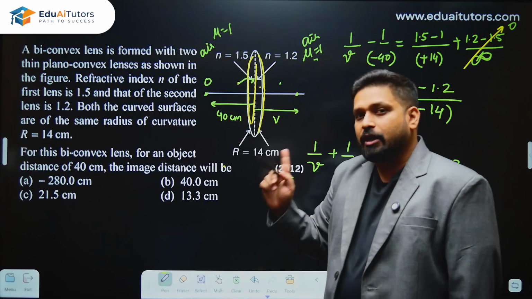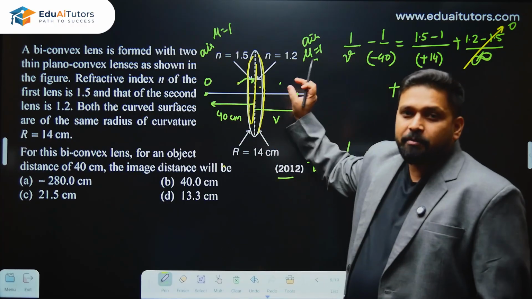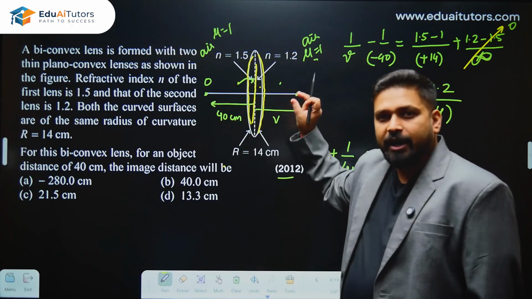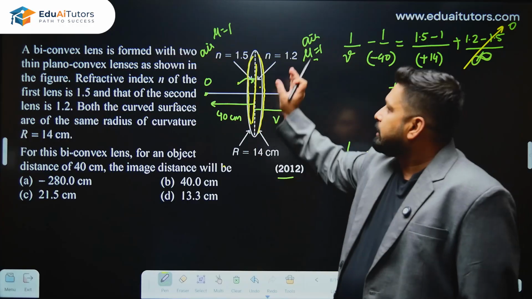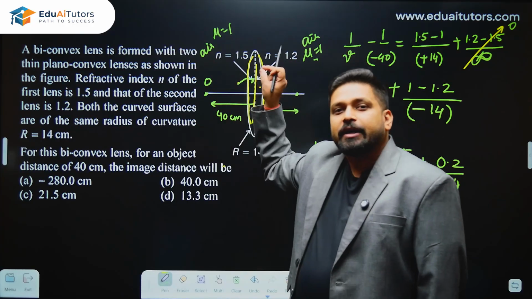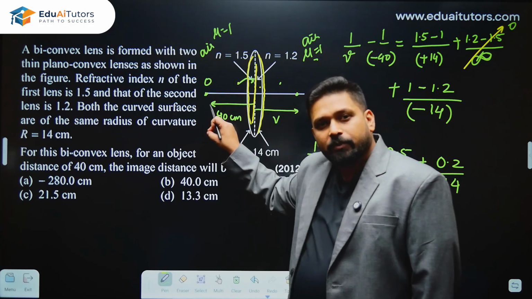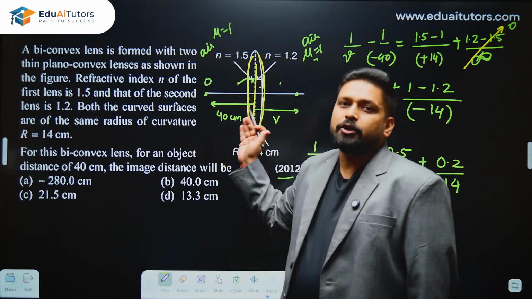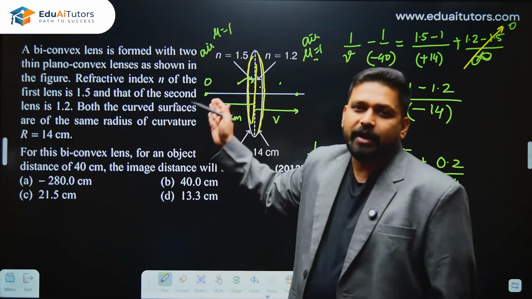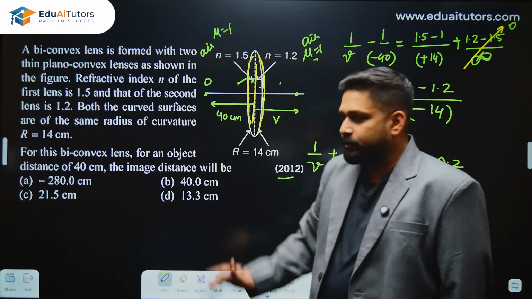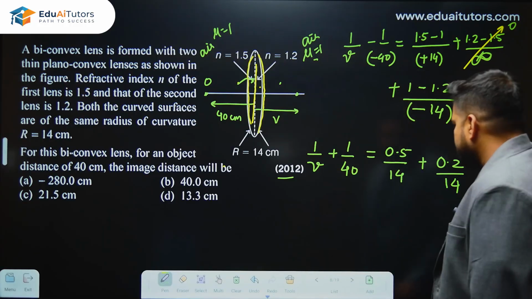First of all, start with the image. The refractive index of the medium in which the image is located divided by the image distance, minus the refractive index of the medium where the object is located divided by the object distance, is equal to where the light is going minus where the light is coming from, divided by the radius of the surface. All right. So it's pretty simple.